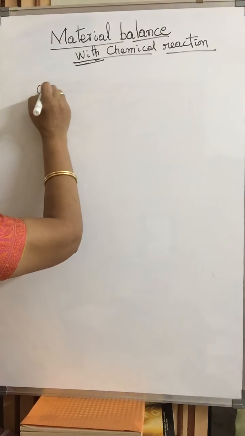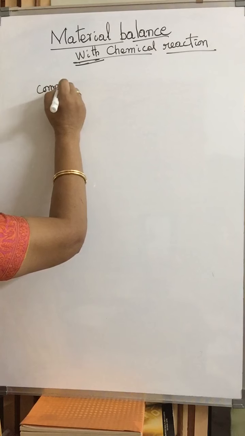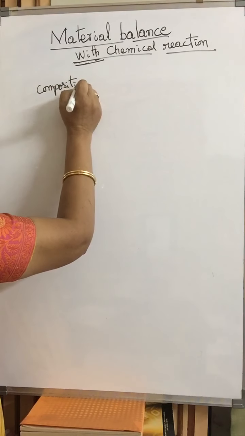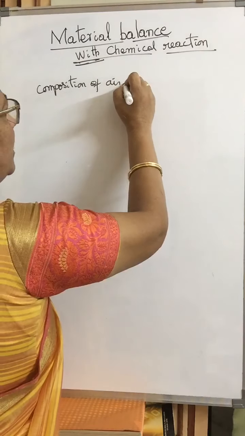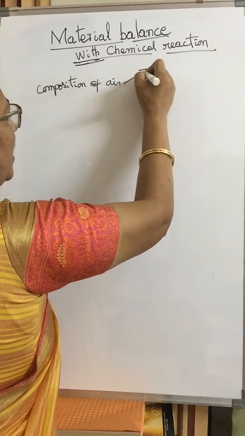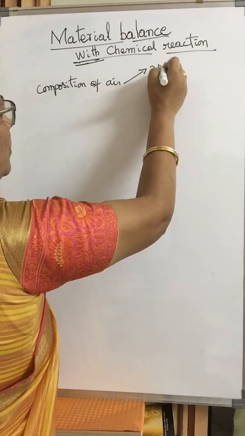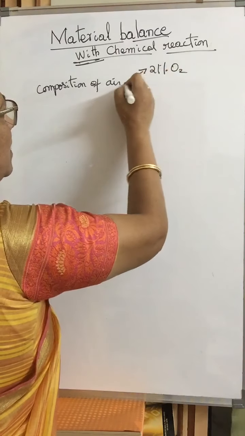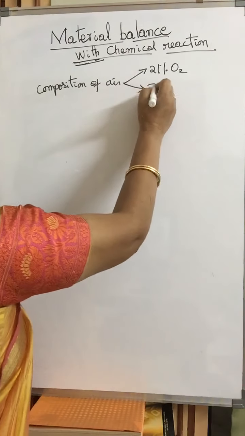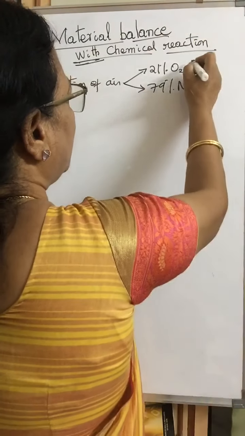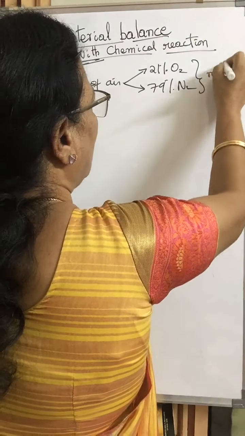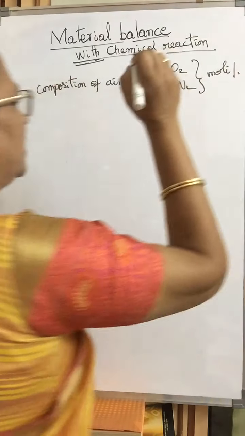So we start with the composition of air. We know that the composition of air is 21% oxygen and 79% nitrogen. This is by moles, all mole percent.